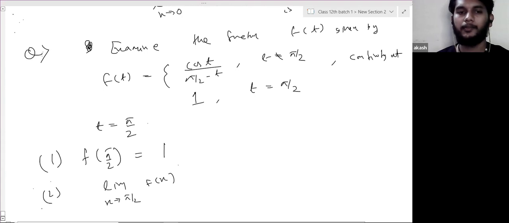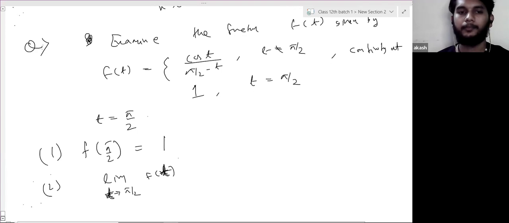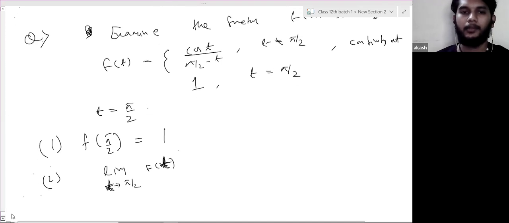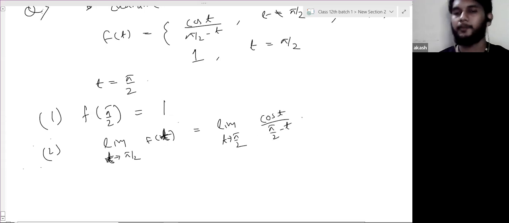The function here is cos t, so the limit as t tends to pi by 2 of cos t upon pi by 2 minus t.